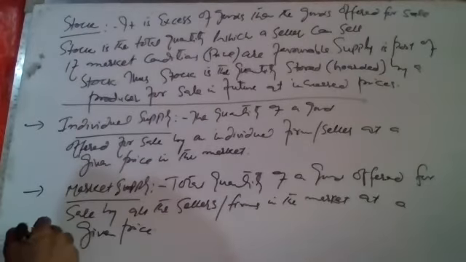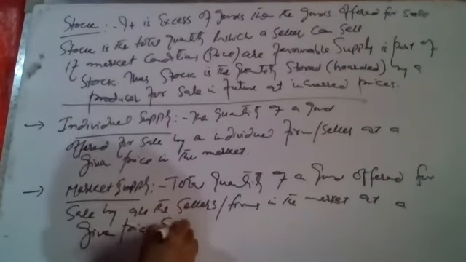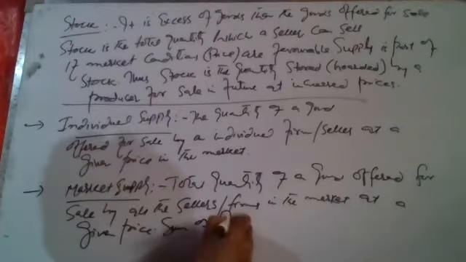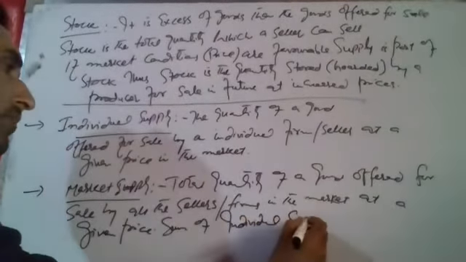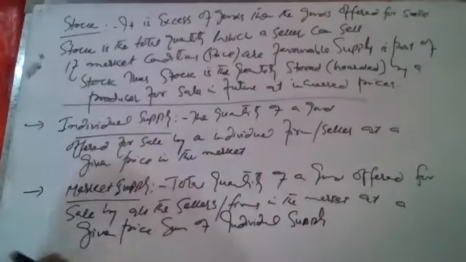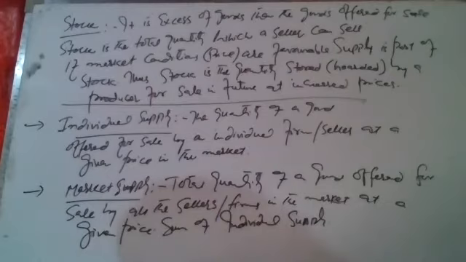So it is the sum of individual supply. Sum of individual supply is market supply. So market supply is total supply in the market.